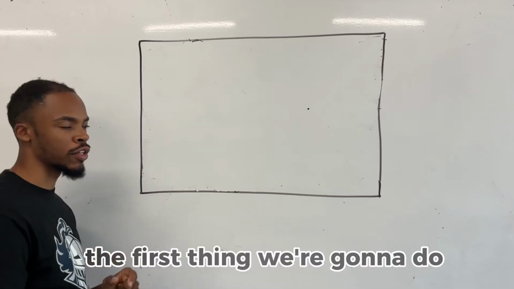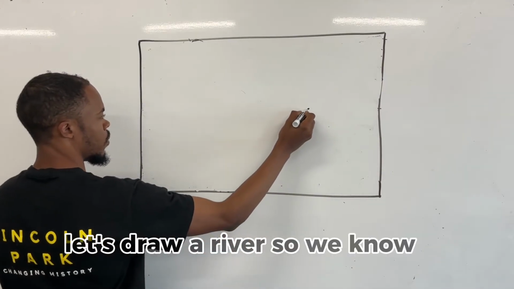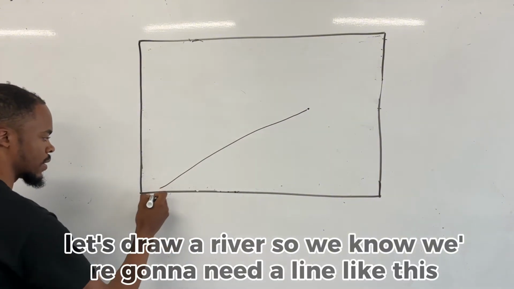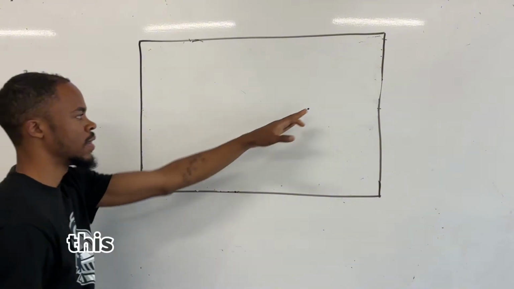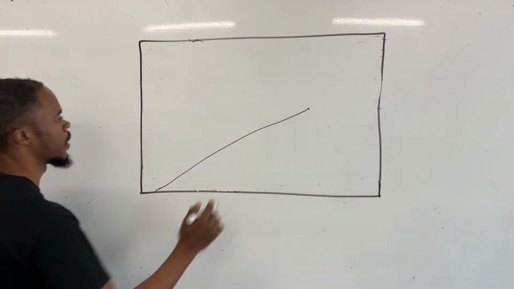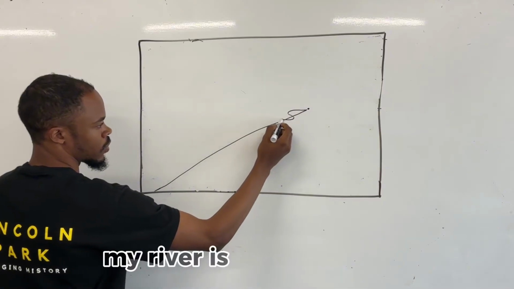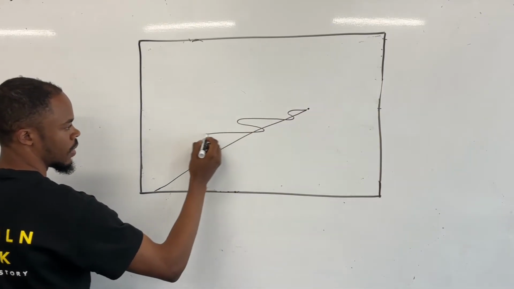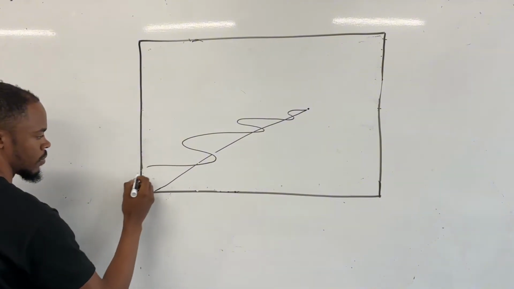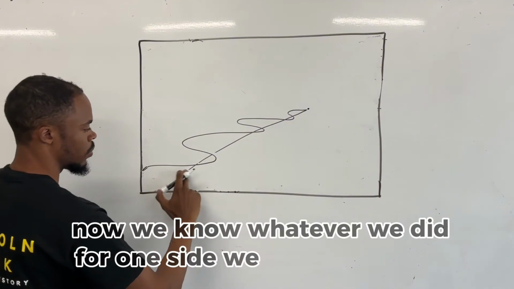The first thing we're going to do, let's draw a river. So, we know we're going to need a line like this coming from the vanishing point. This is the line the river is going to follow loosely. I'm going to draw a couple curves in here. My river is kind of winding. Now we know whatever we did for one side, we can now do for the other.